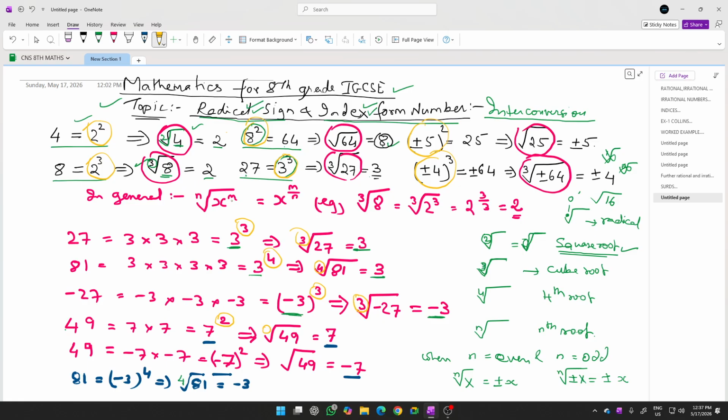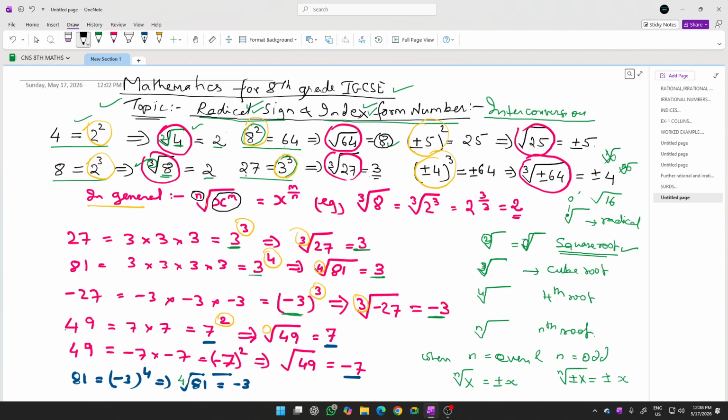Now, if you see carefully, in general, this is a radical sign, and in the gap of this radical sign there's a number n written over here. Can you see this? n. And inside the radical sign, you have a number in the index form, which you will find many a time.